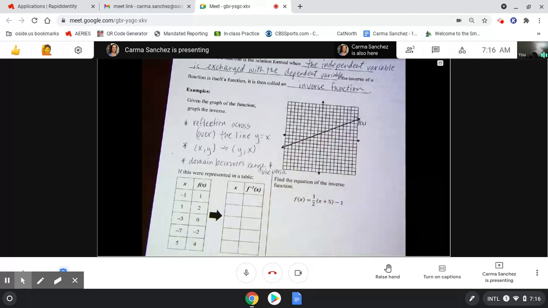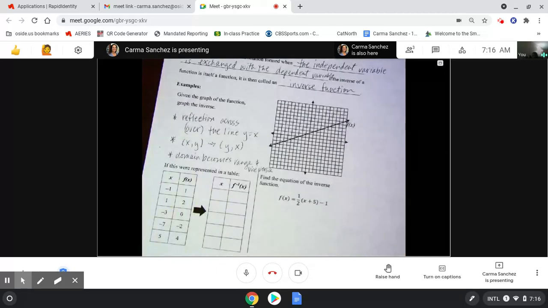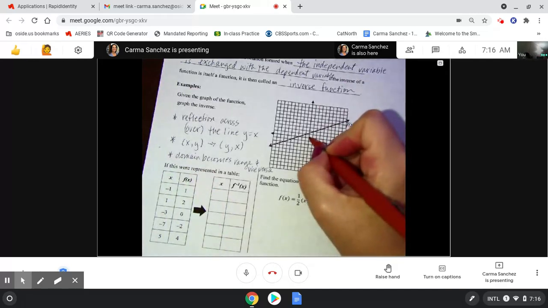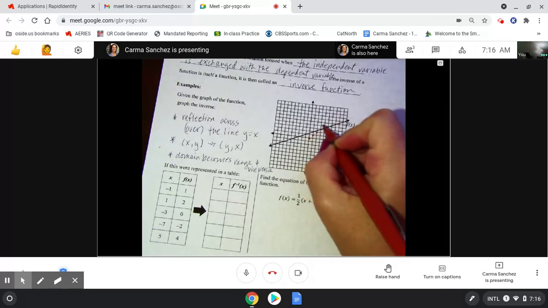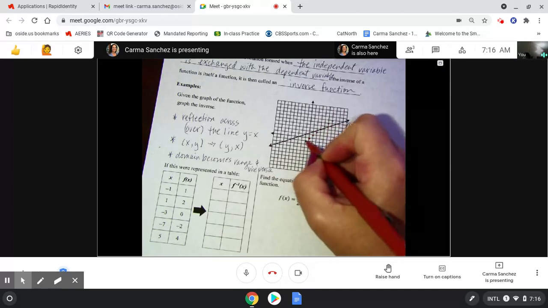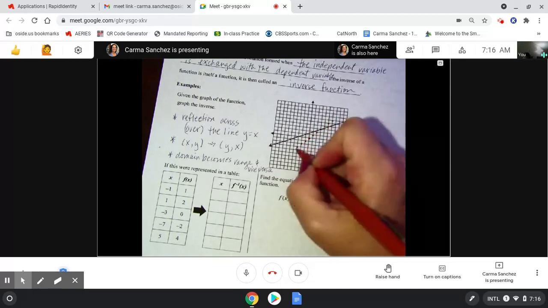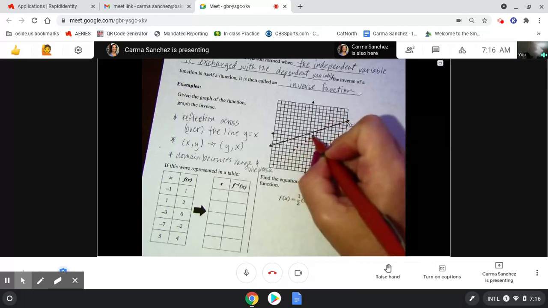All right, so let's go see what I mean about the reflection over the line y equals x. So starting here at the origin, up 1, over 1. This is the parent graph of y equals x. How do I know that? Because it starts at the origin and has a slope of 1.